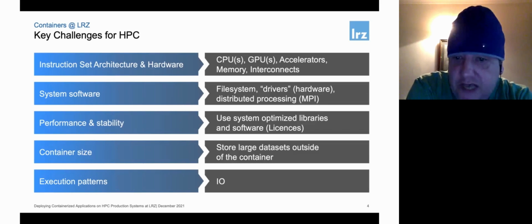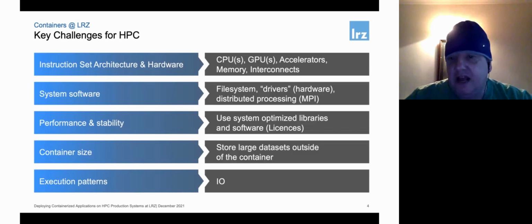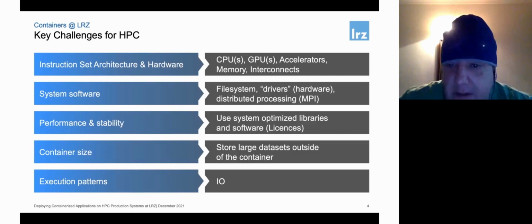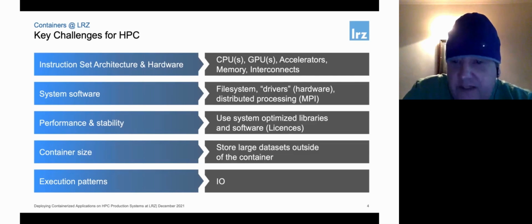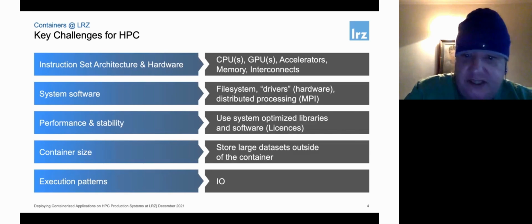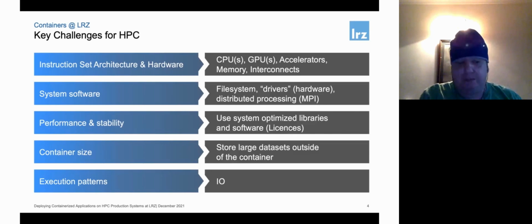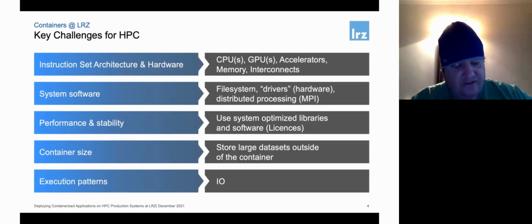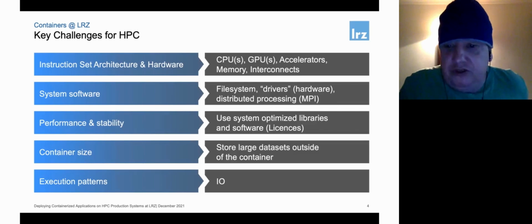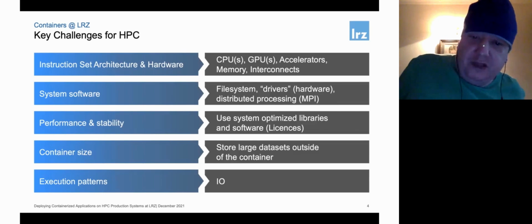If you are using the system MPI at runtime, then it's been optimized for performance and stability on that particular system. And that actually is a really important factor when you're scaling to a very, very large number of nodes or cores.